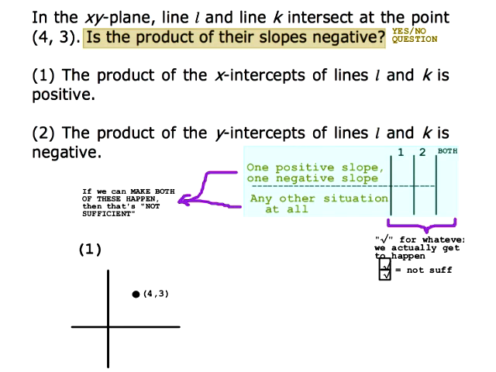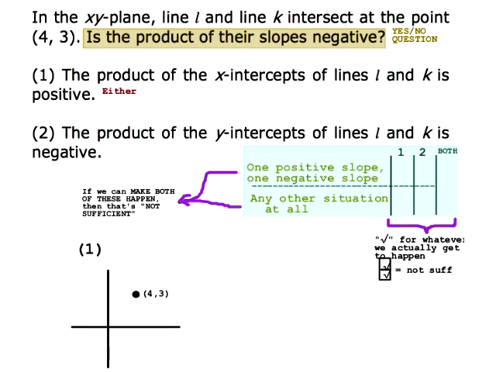So this means you have to draw a picture so that both lines hit the x-axis in the positive area, like on the right, or on the left.